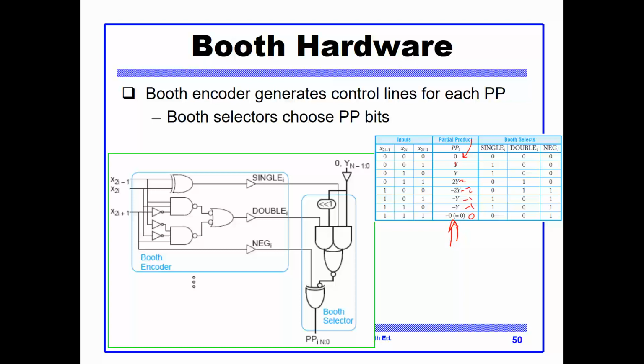One way to do it is to use a bit that says single, meaning that if you have a 1, you activate this bit. Or double, which means if you have a 2, you activate this bit. And a negative, which is turned on whenever you have negative values. So the way we express these digits is using these 3 bits: a single, active when you have 1, a double, active when you have a 2, and a negative, active when you have a negative number.